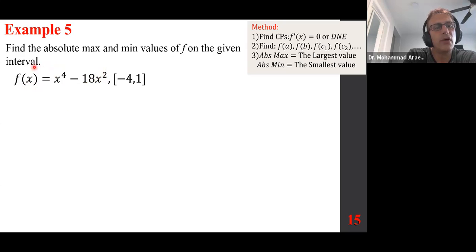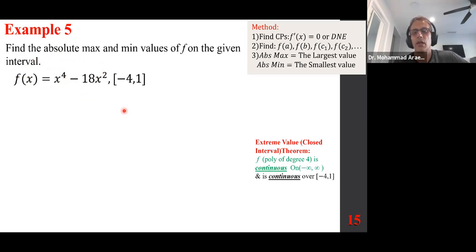Anybody know the type of function we have here? It is a polynomial of degree 4. Therefore, the domain is all real numbers, negative to positive infinity. And we are fine with negative 4 to 1.